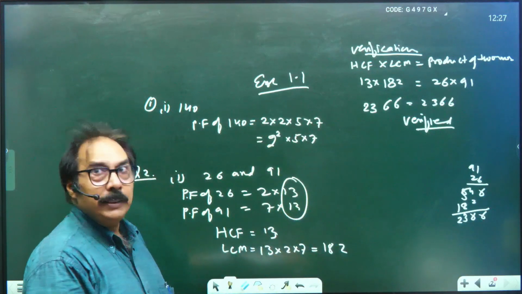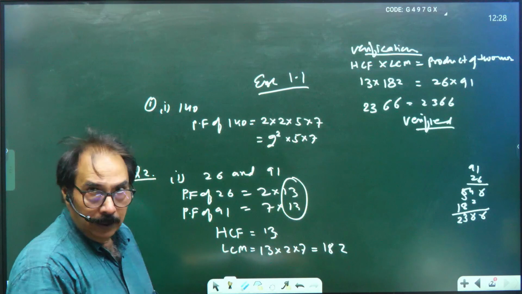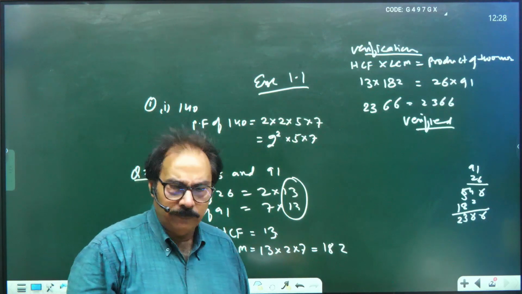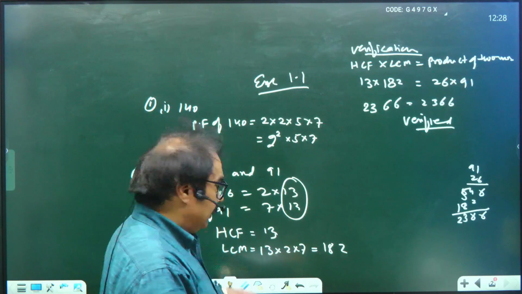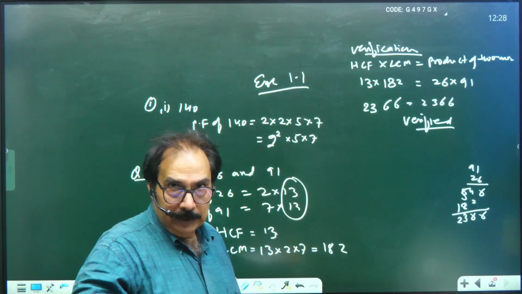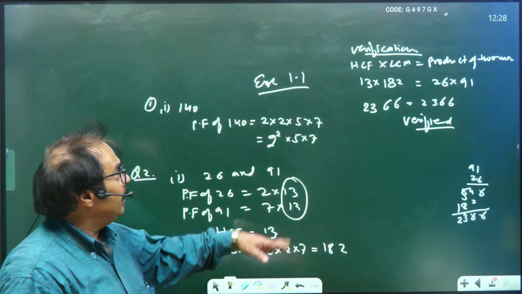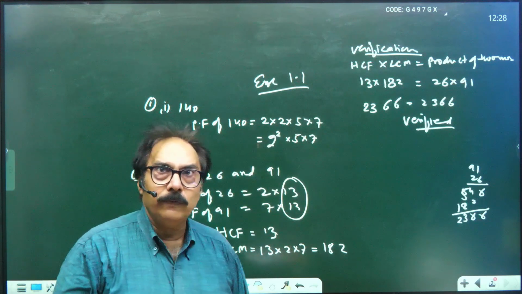First of all we will find the HCF, and second we will find the LCM. And after finding the HCF and LCM, we will verify it.